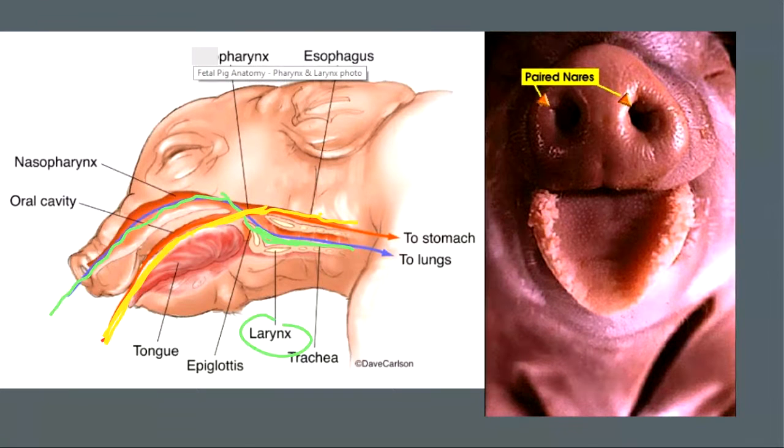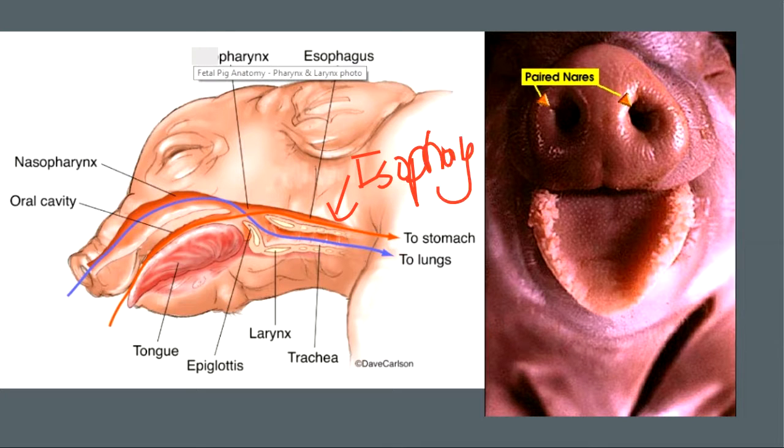The esophagus, which is here, the esophagus is dorsal to the trachea. All right. And that's the epiglottis right there. And it covers the trachea.